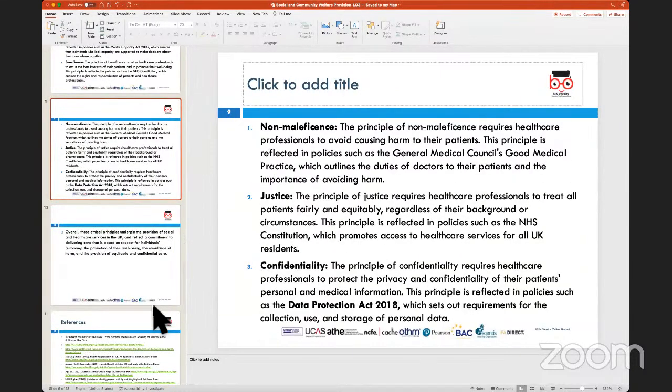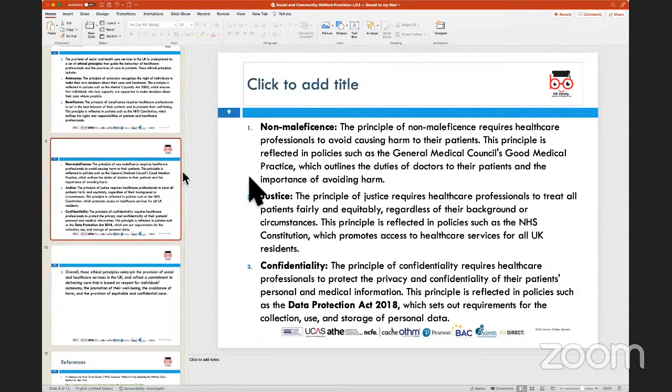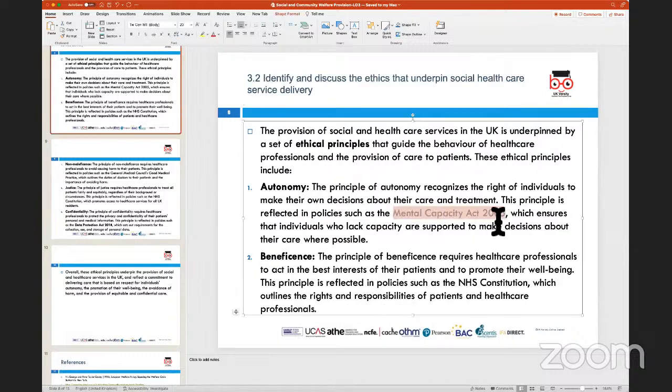Any questions on this? I want to ask, what if the person doesn't have any family or anyone to stand in when that decision is being made? So basically, in such cases, the Mental Capacity Act ensures that the court then appoints a person in its place, where the person is unable to make decisions.